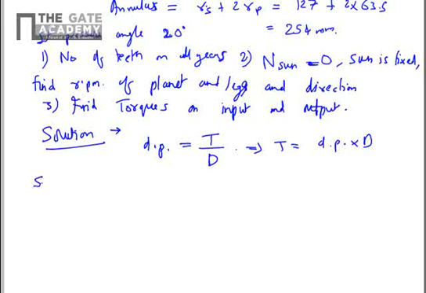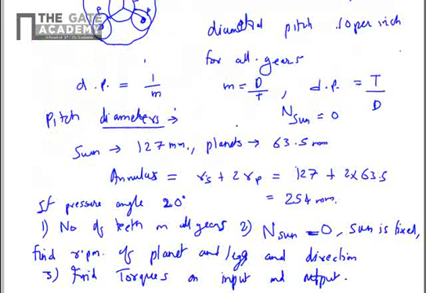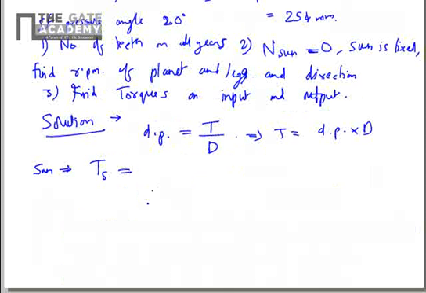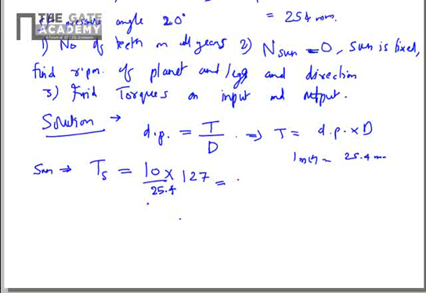So for the sun, the number of teeth on the sun will be equal to the diametral pitch, which is provided here as a value of 10 per inch for all the gears, multiplied by the pitch circle diameter of the sun, that is 127 mm. Since this is given in mm and the diametral pitch is given per inch, we have to divide by 25.4 because 1 inch is equal to 25.4 mm. To simplify this expression, you will get the number of teeth on the sun as 50 teeth.